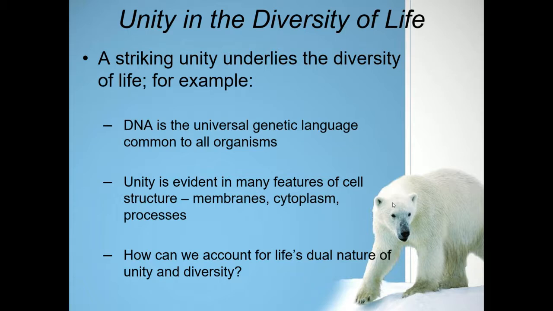However, does an oak tree look like a jellyfish, like a bacteria, like a polar bear? No, right? So in that same moment, you have it all the same, but then it's so different, right? How can it look so different? Well, evolution and natural selection help us explain how we can have such a difference.